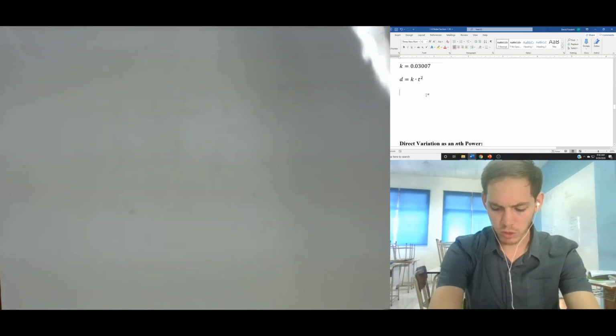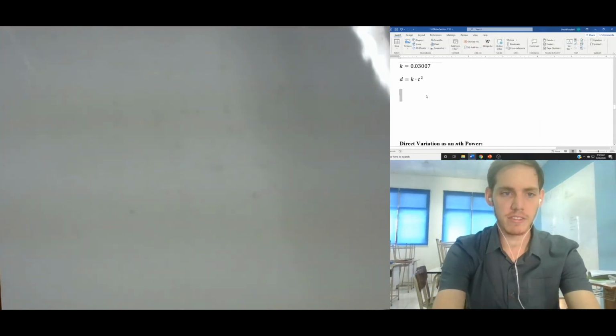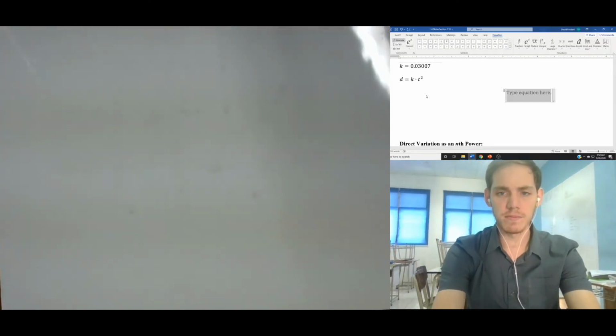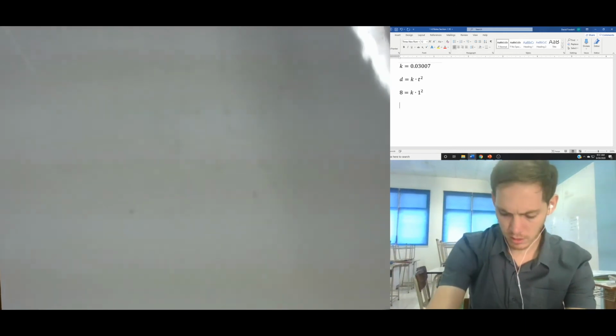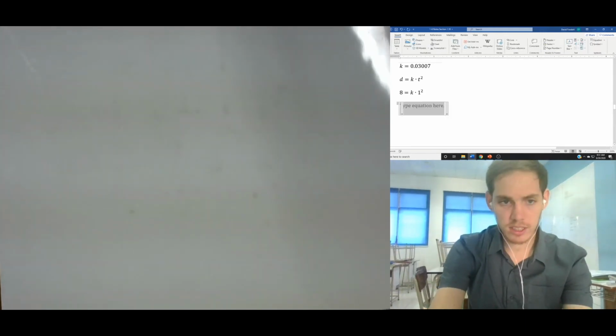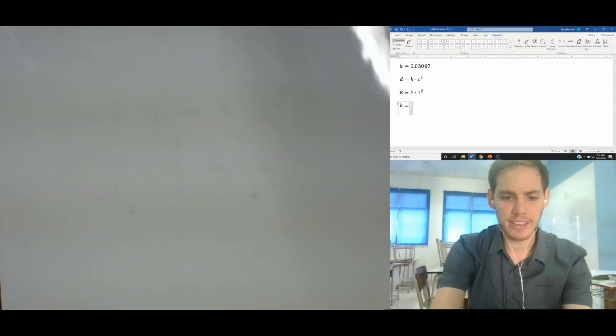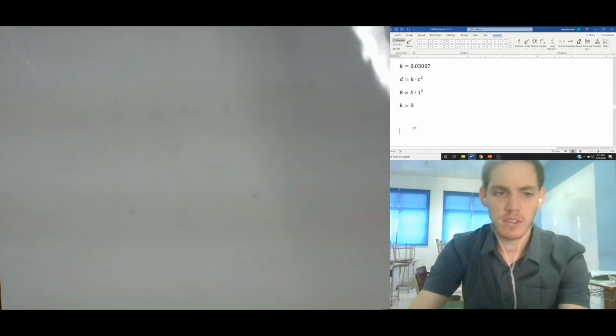They give us that during the first second the ball rolls 8 feet. So we get 8 equals k times 1 squared. That gives us that k equals 8.